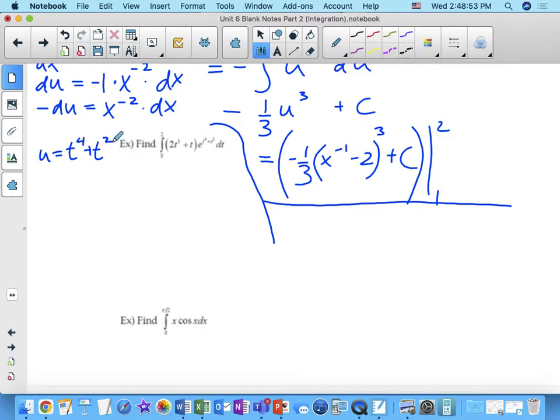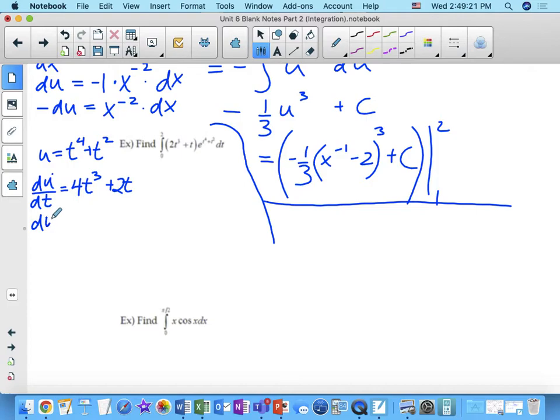Okay, and then I think I'm writing backwards today. du by dt equals 4t cubed plus 2t. Now that's not exactly what we want to replace. We want to replace 2t cubed plus t. So how are we going to do that? Factor out a 2, yes, exactly.